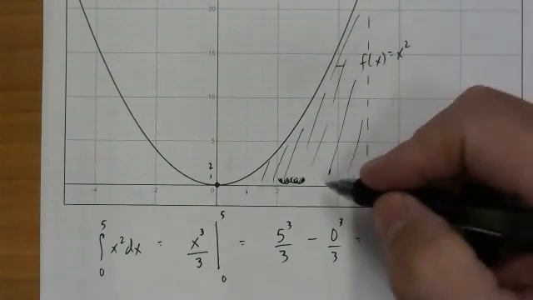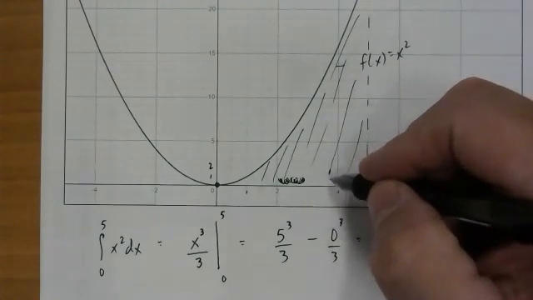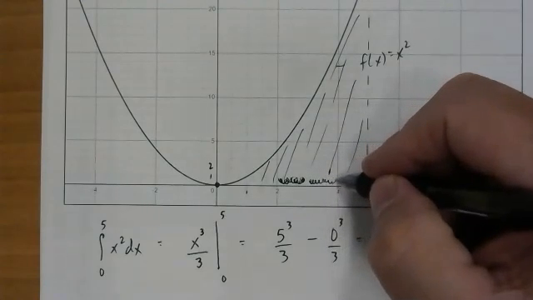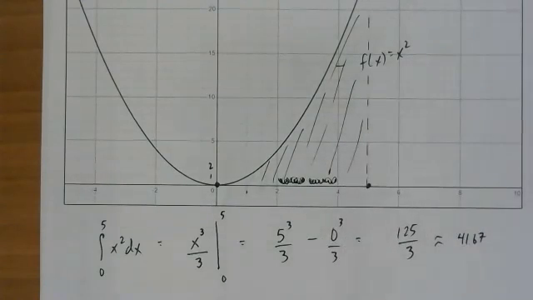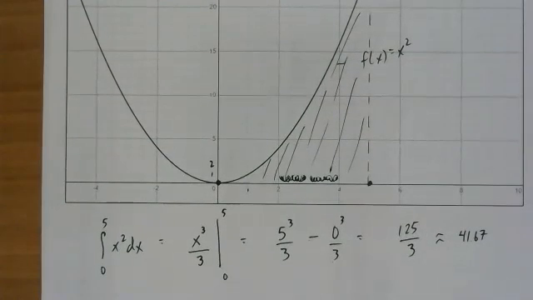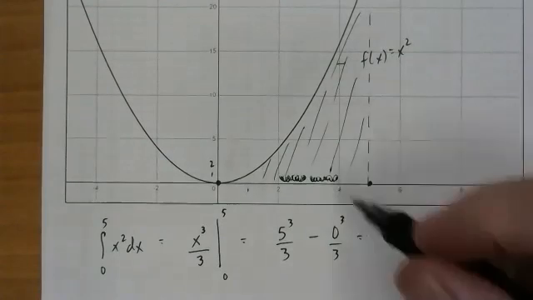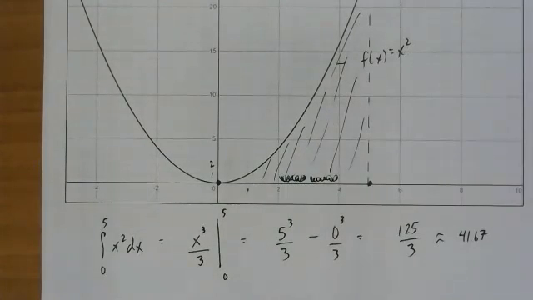So if I were to take the time to add up all this area, when I'm all done, I should add up almost 42 squares of 1 by 1.